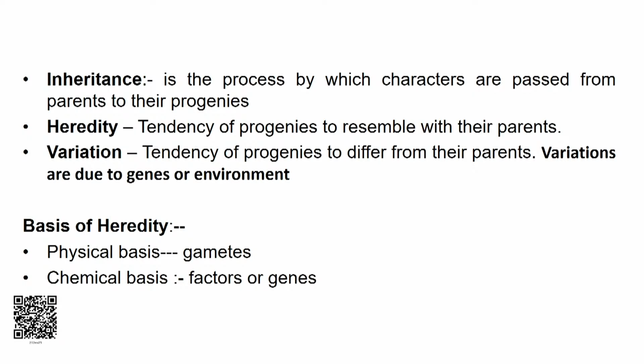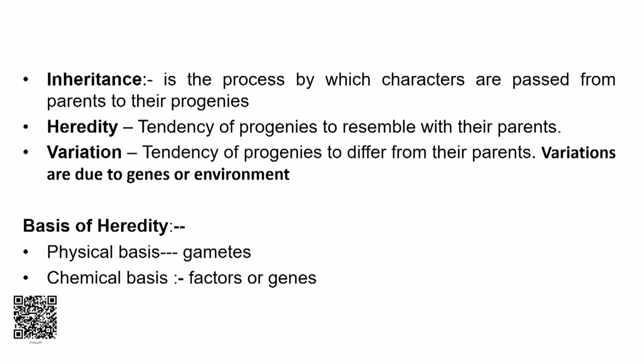That is, inheritance. Inheritance is the process by which characters are passed from parents to their progenies. Heredity is the tendency of progenies to resemble their parents, and variation is the tendency of progenies to differ from their parents, and variations are due to genes or environment.